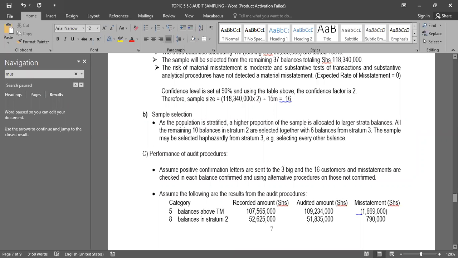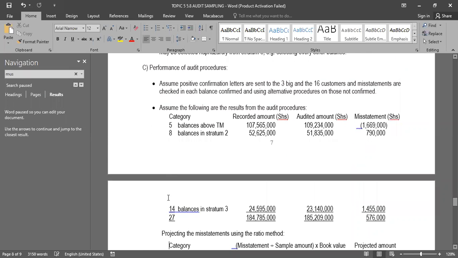So when they issued letters to customers for confirmation, this is what they found as the results. They're saying, assuming the following were the results that were obtained. You have the 5 balances, let me put them as 6. Okay, now this is going to affect everything.